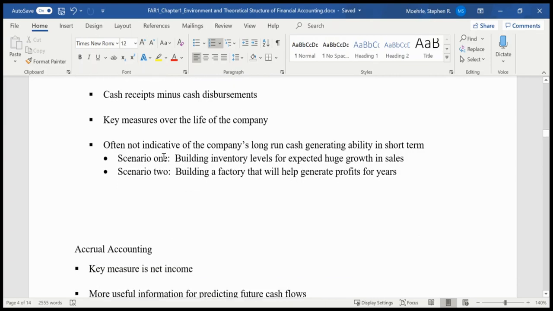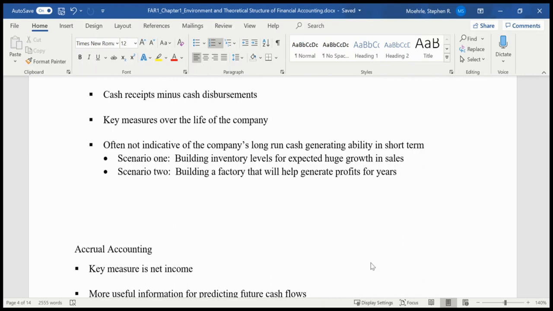But it's often not indicative of the company's long-run cash-generating ability in the short term. Let me describe why that is so. Scenario one. Think about you're building inventory levels for huge expected sales coming up in future quarters and in future years.